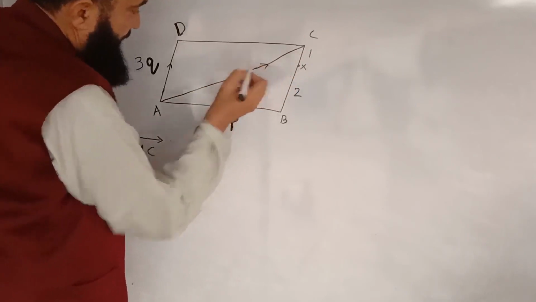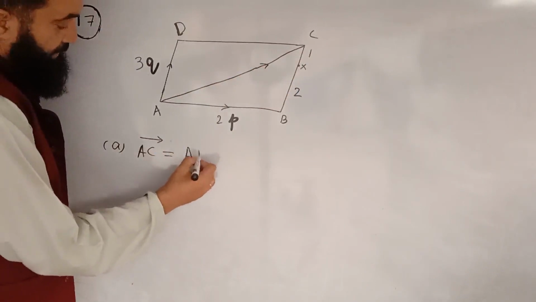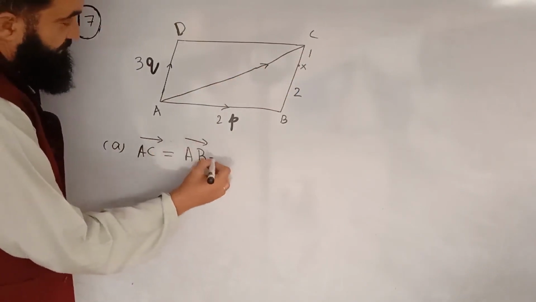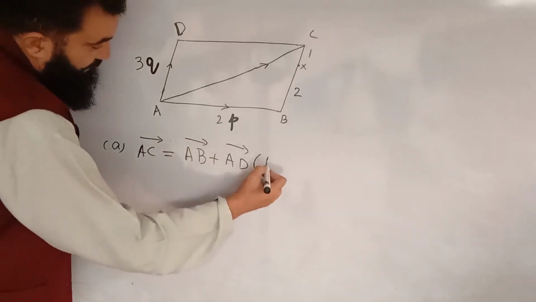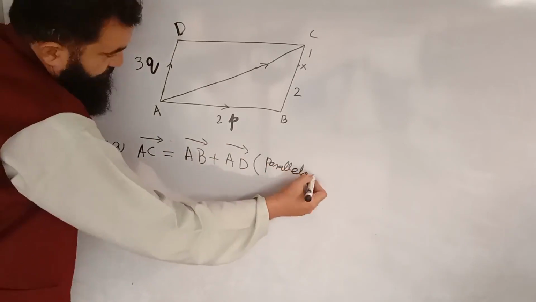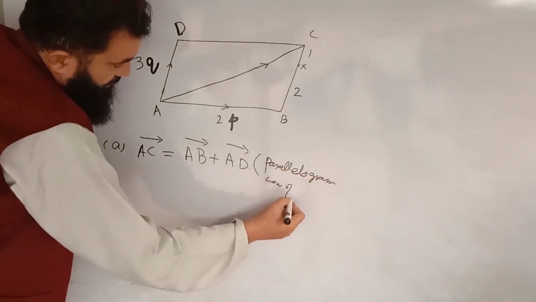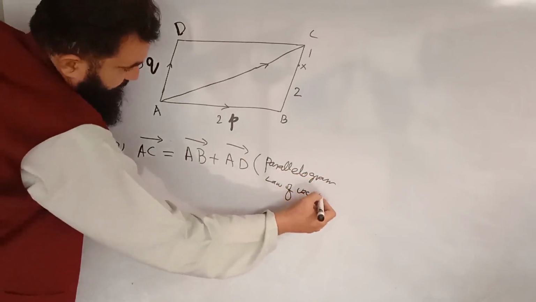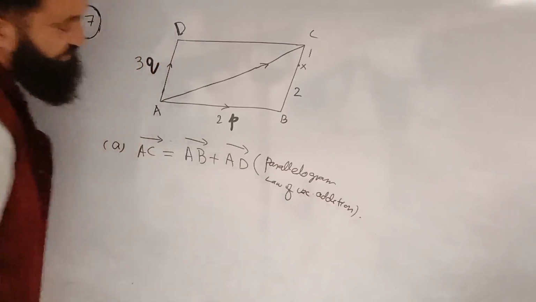Therefore AC will be equal to the sum of these two vectors, AB plus AD, by the parallelogram law of vector addition. This is why it is necessary to mention it.